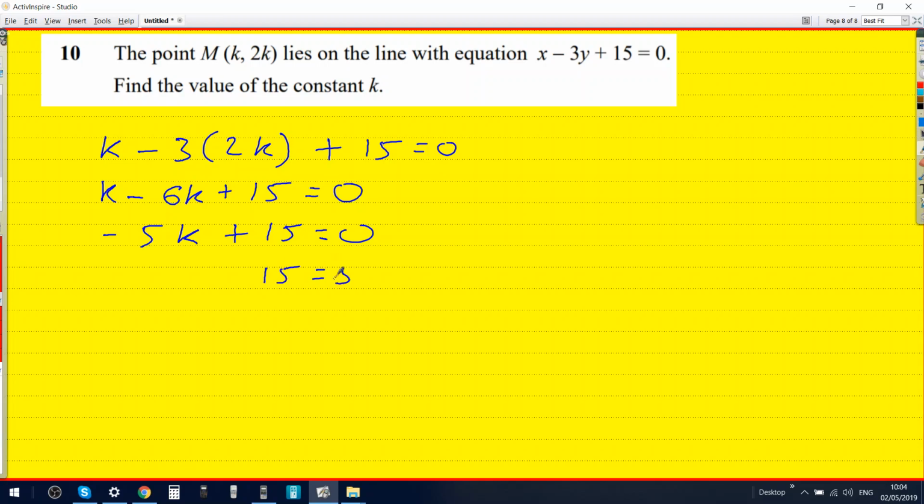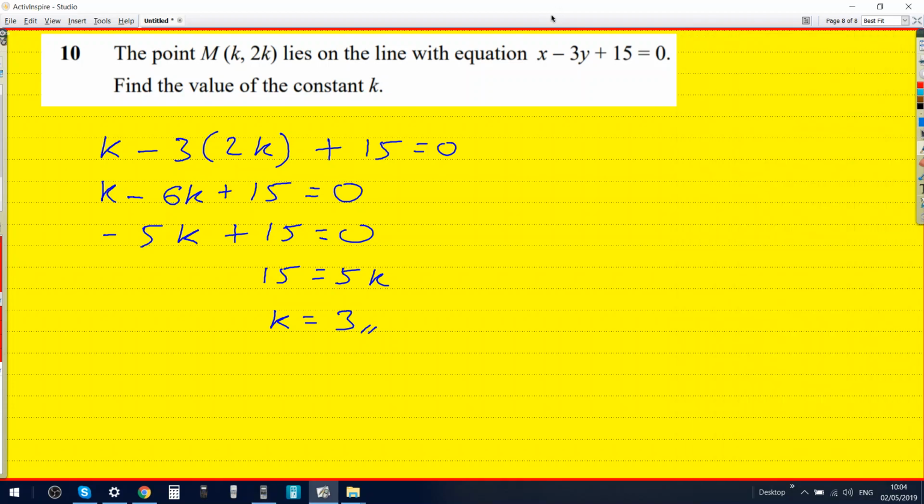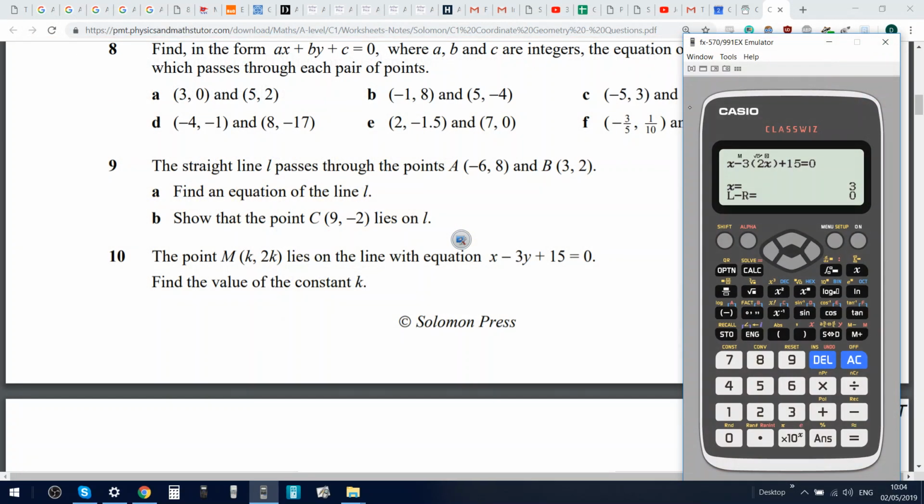So k must equal 3. Yeah. And I can solve it with my calculator. There we go. 3. So yeah, you sub in the x, sub in the y, and then solve. Any questions there? No. Okay.